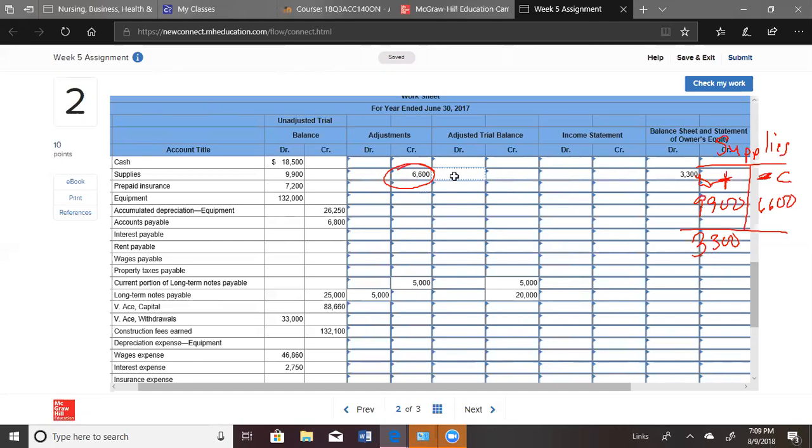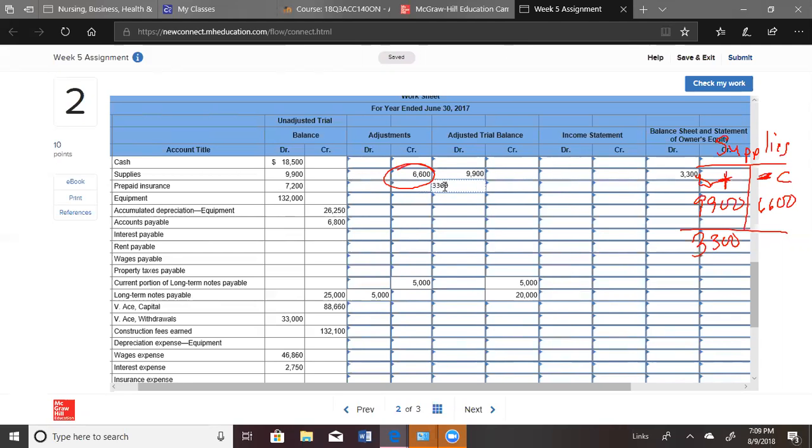Okay, so I got to put the number at the top. Correct. Supplies is this one? Yeah. 99. And then it's going to go on the bigger side, so it's going to go right underneath this one.